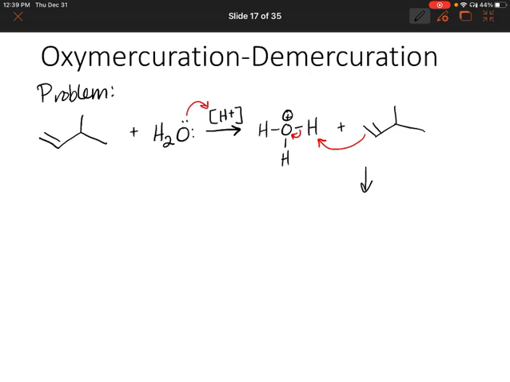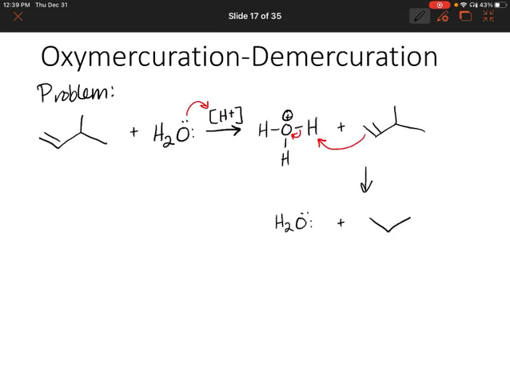So what we end up forming is we get back our water molecule, and the hydrogen, remember, is going to add to the side with more hydrogens. So Markovnikov addition. So we'll end up with a secondary carbocation here.